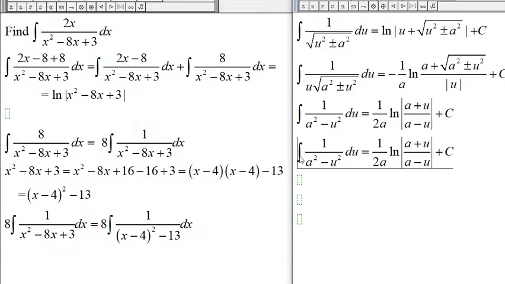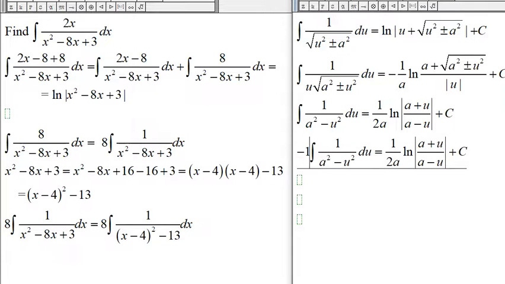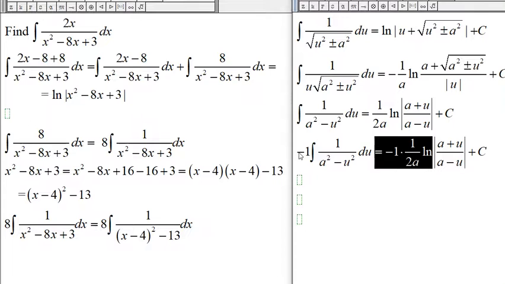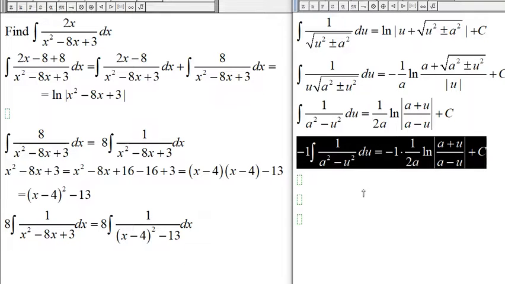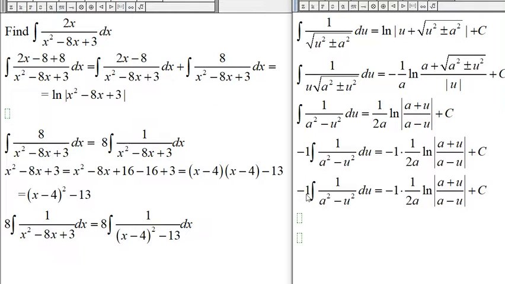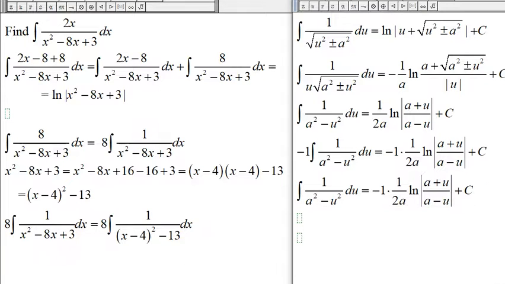So we multiply both sides by negative 1. And then if we multiply the bottom here by negative 1, this becomes u squared minus a squared. And then on this side we get a negative.